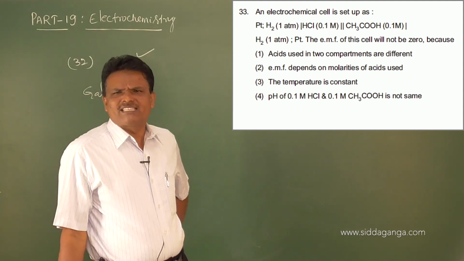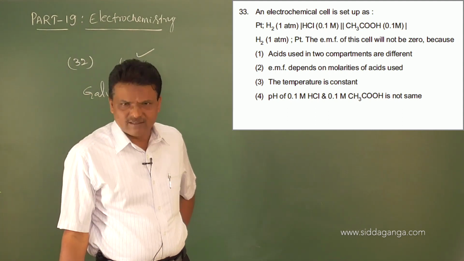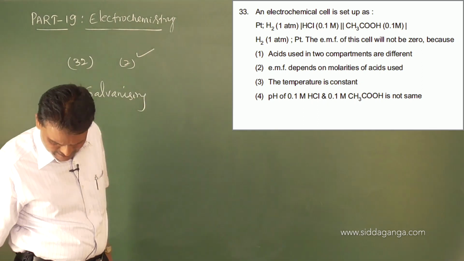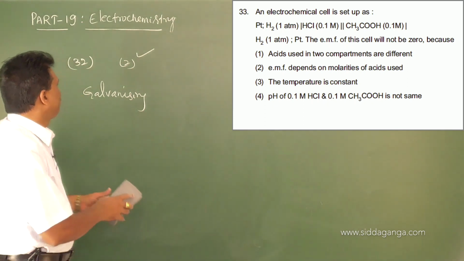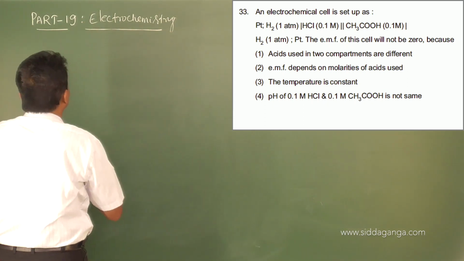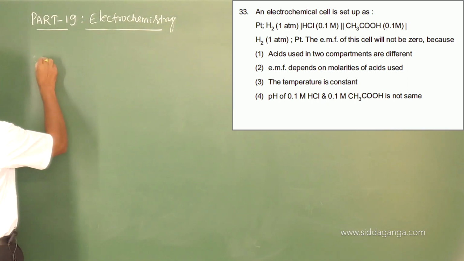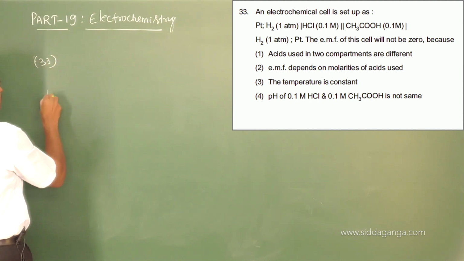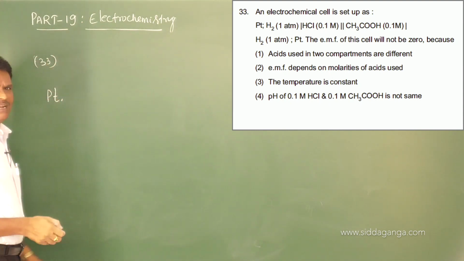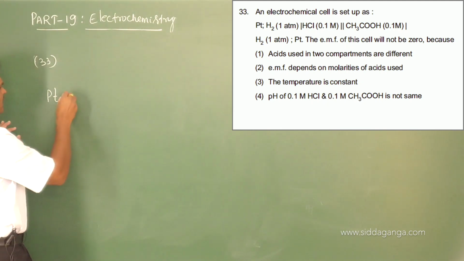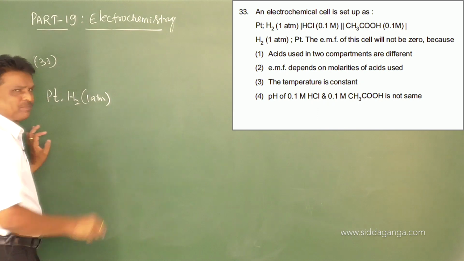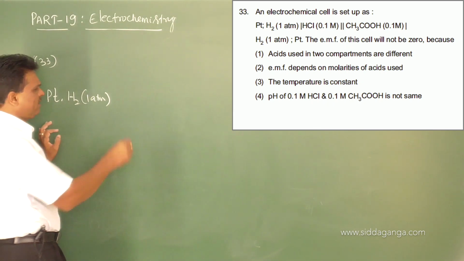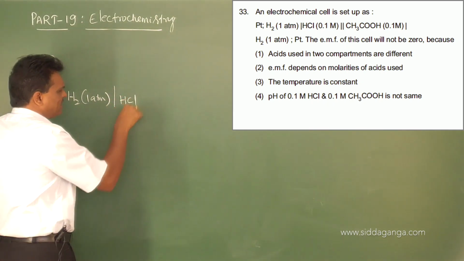An electrochemical cell is set up as, look at what is given here, platinum. Look at what they have given here. Platinum absorbs hydrogen gas at a pressure of 1 atmosphere, separated by HCl.